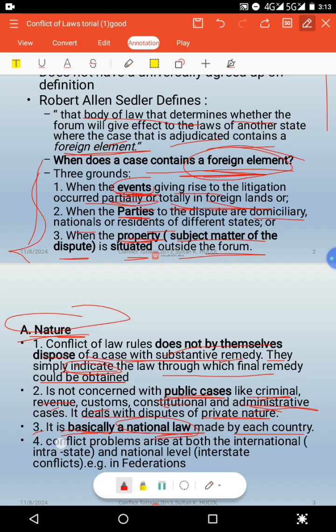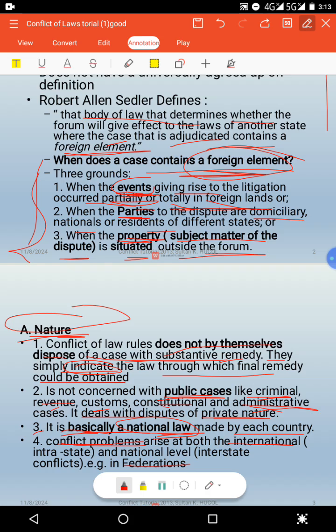The fourth one is that conflict problems arise at both the international or interstate level and the national or intrastate level. Example, federations. You have to understand here that the conflict problem may arise in one country or in two or more different countries.